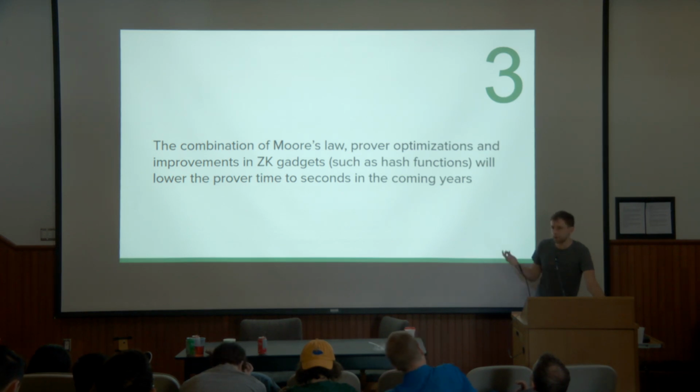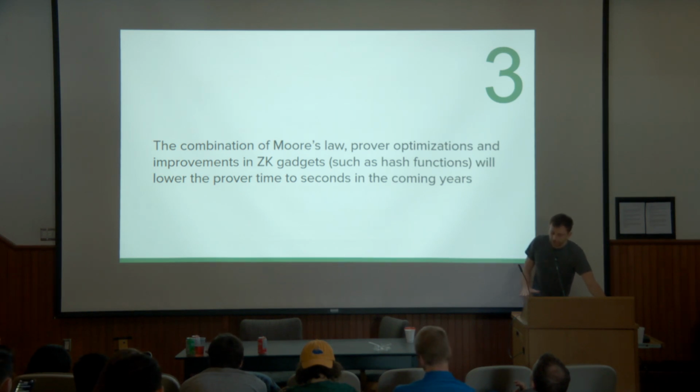But also with other things like GPUs and some optimizations and maybe more specific hardware, we're going to reach finality or proof generation times below the time of an Ethereum block. So Ethereum block generation time will be the bottleneck, not the prover.